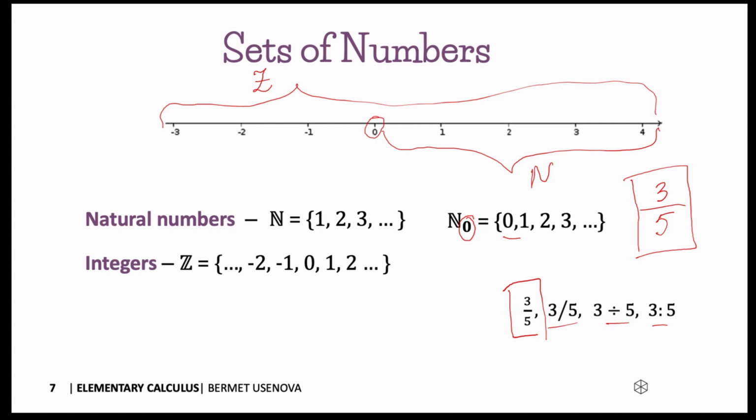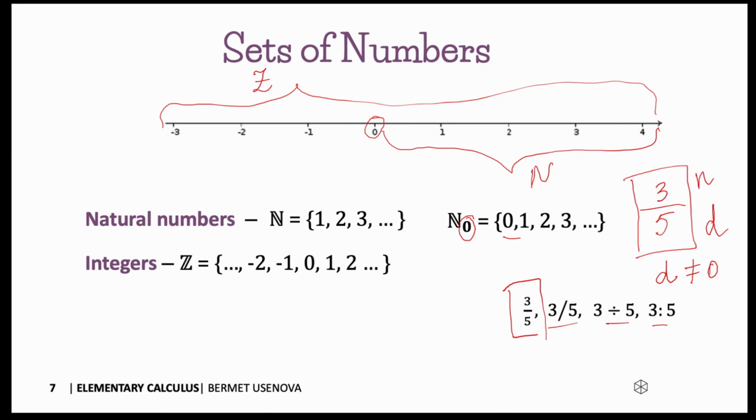The upper side of the fraction is called the numerator. So in this case, 3 is the numerator and 5 is called the denominator. Please remember that it's not allowed to divide by 0. That's why the denominator cannot be 0.